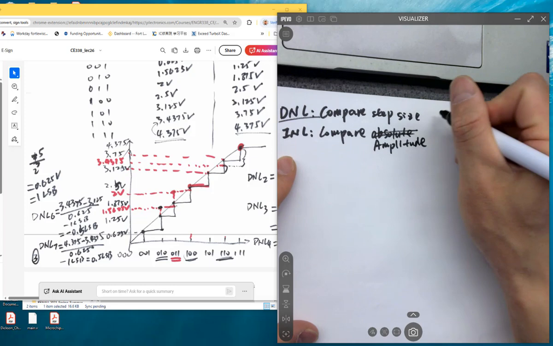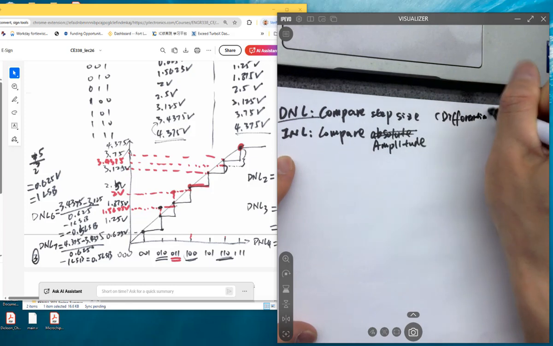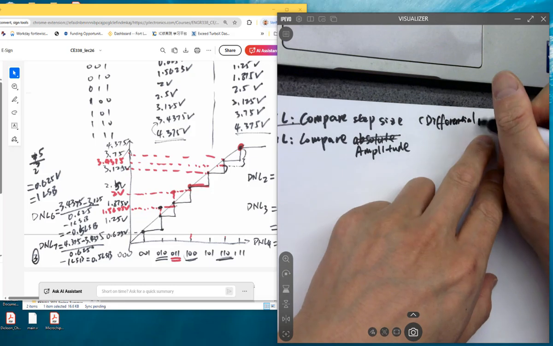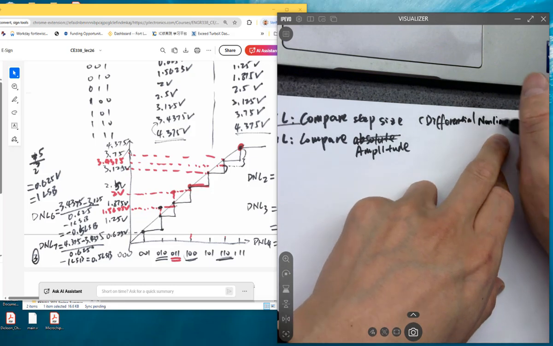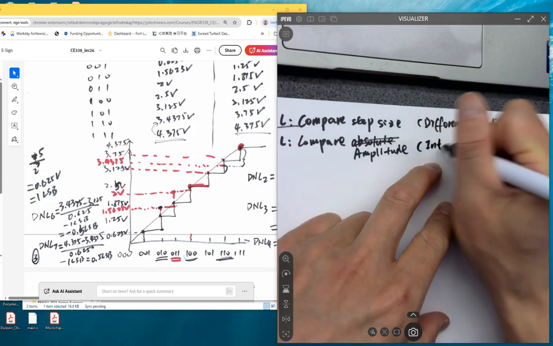This is differential nonlinearity. It's integral.